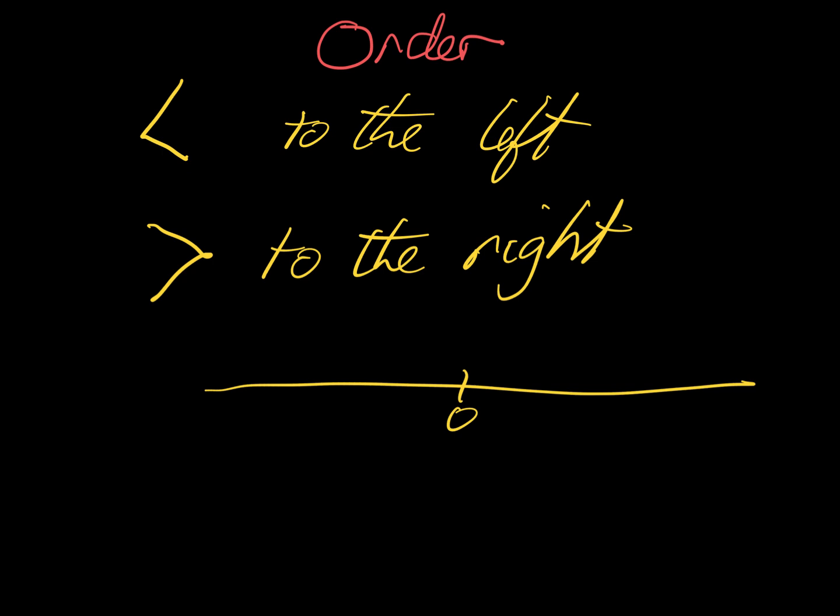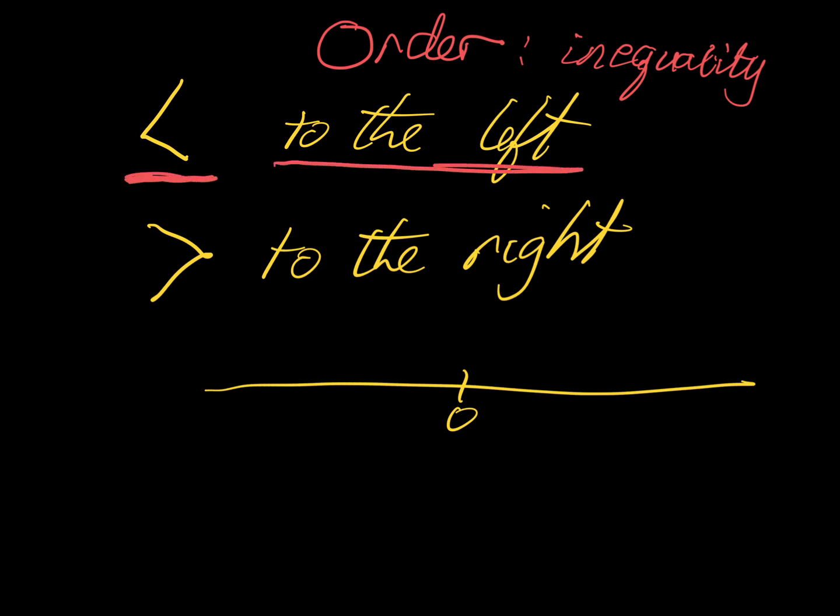And so we introduce the inequality symbols to help us state that. The inequality symbols, essentially, this one here means it's to the left on the number line, or if you wish, it is less than.